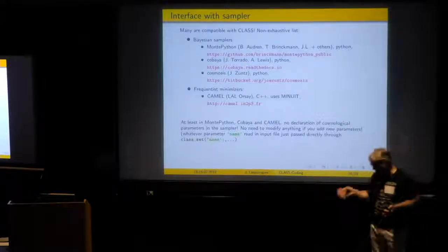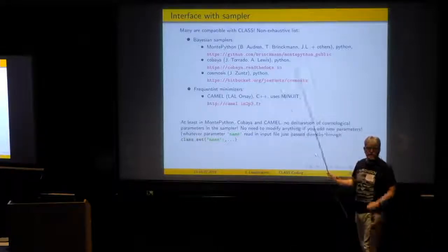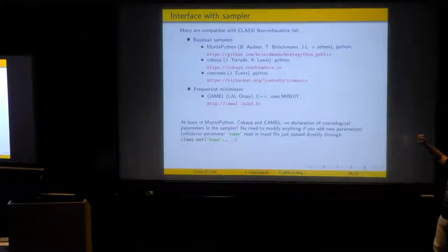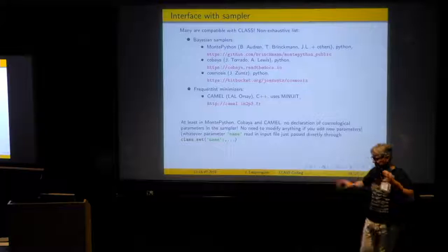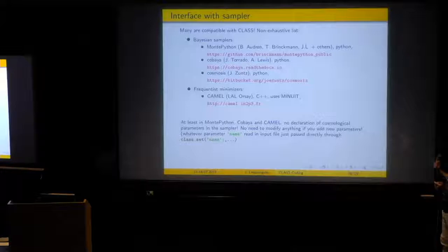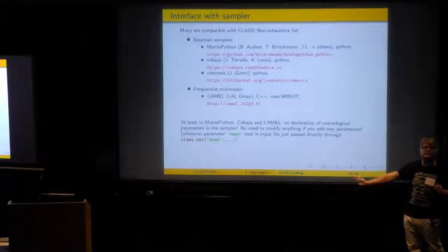And if you add a new parameter in class, you don't need to do anything to these codes, because what these codes do is read in the input file the name of the parameters you want to vary and the range, and then they call class with these names taken from the input file, some values, without any redeclaration, interpretation, dictionary, whatever. So you don't need to modify MontePython and Cobaya if you add new parameters or if you want to vary any class parameter existing already.